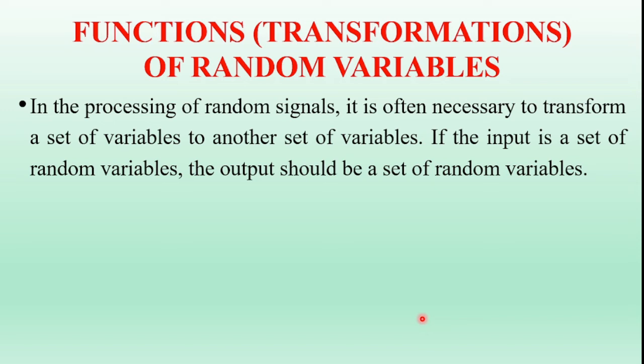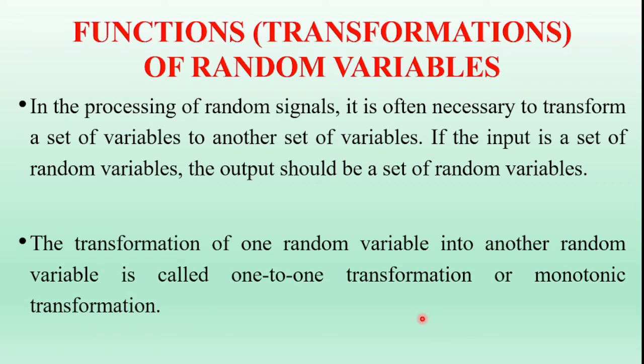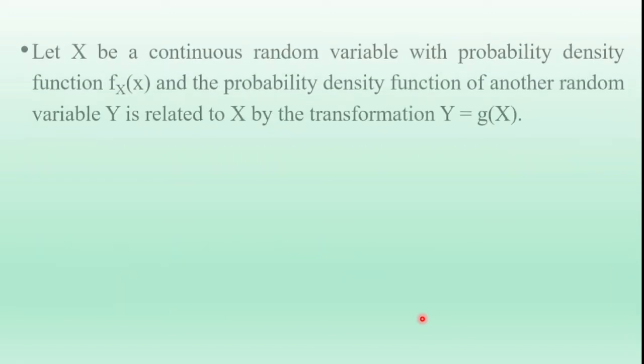The transformation of one random variable into another random variable is called one-to-one transformation or monotonic transformation. So one-to-one transformation is also called monotonic transformation. Consider two random variables, x and y. The transformation of random variable x into another random variable y is called a one-to-one transformation, which is also called a monotonic transformation.